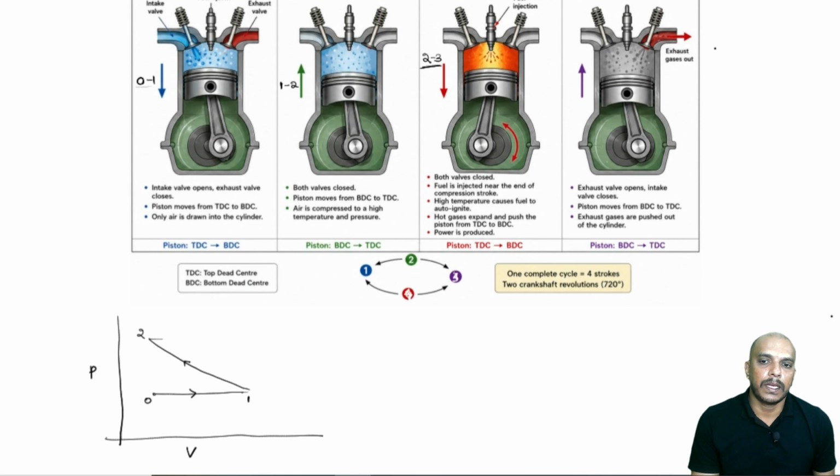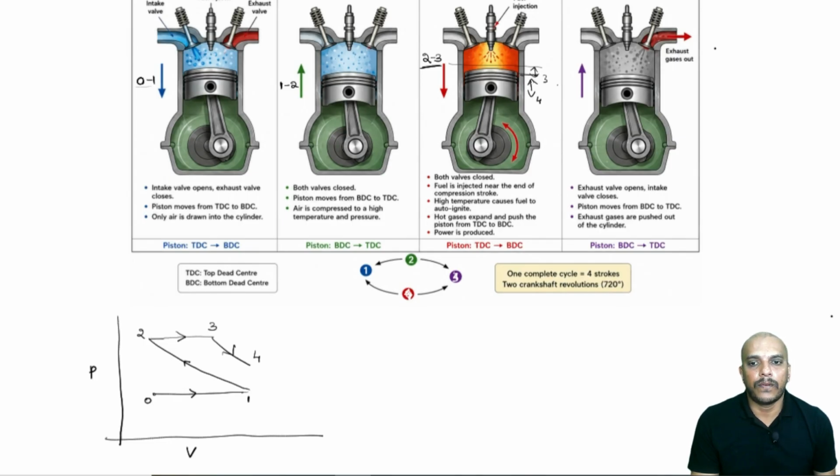So, it will be like heat is added at constant pressure. This is what we had assumed, and then there will be further expansion. 2 to 3 will be somewhere here to here, then 3 to 4 is from here to here.